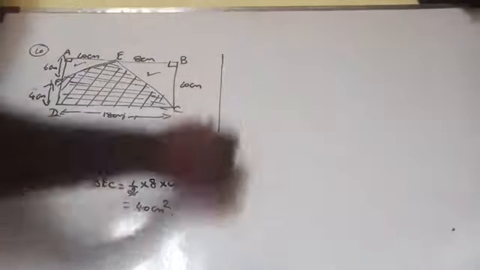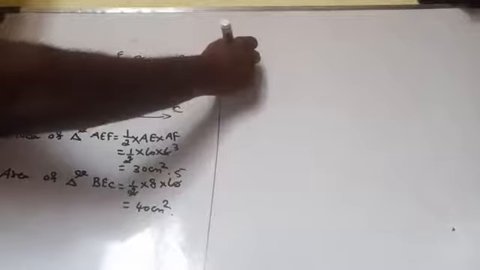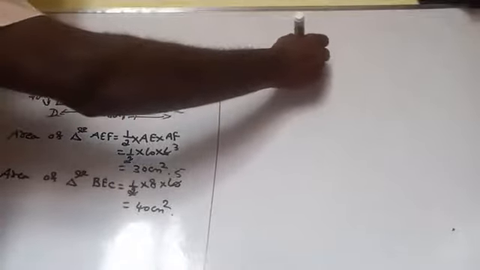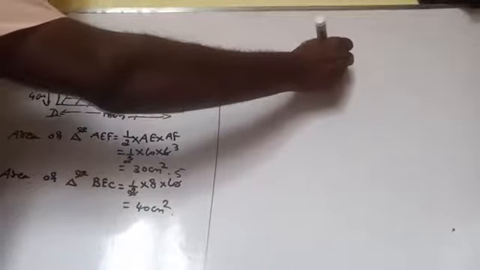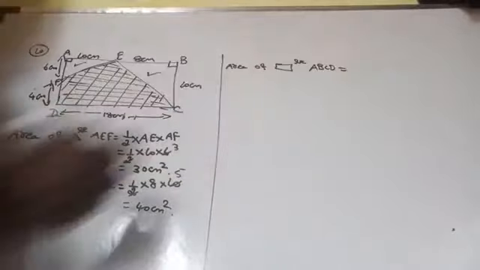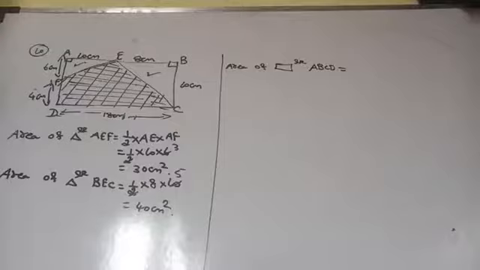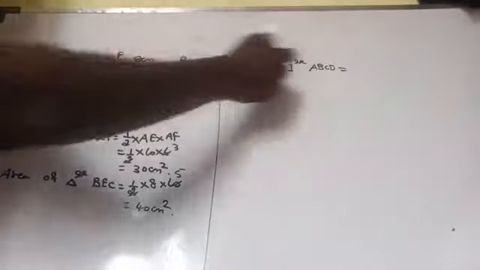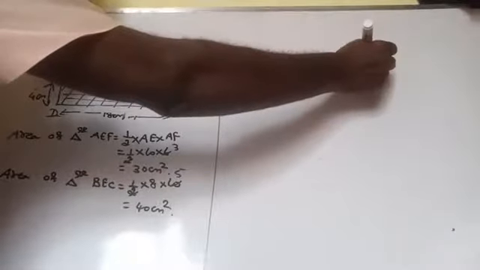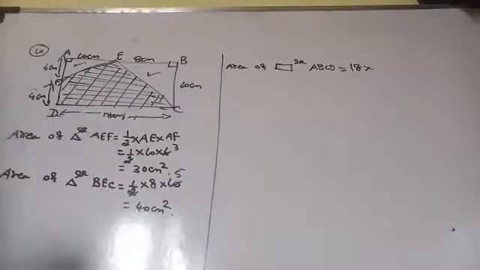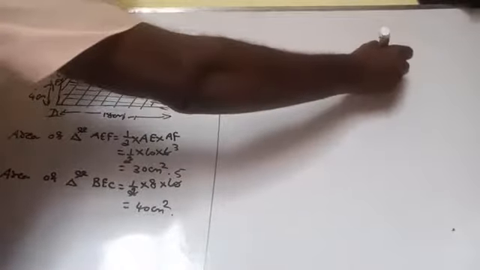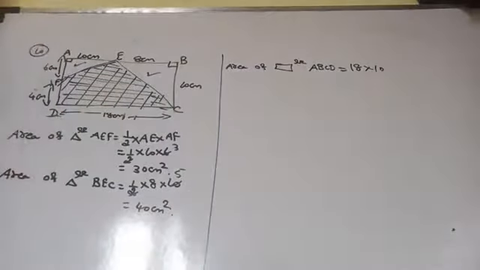Product of the two adjacent sides. Area of rectangle ABCD is equal to the product of the two adjacent sides. So what is the length here? Length is 10 plus 8, which is 18, into breadth, BC, which is 10.